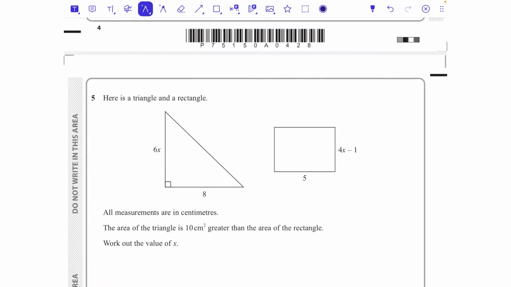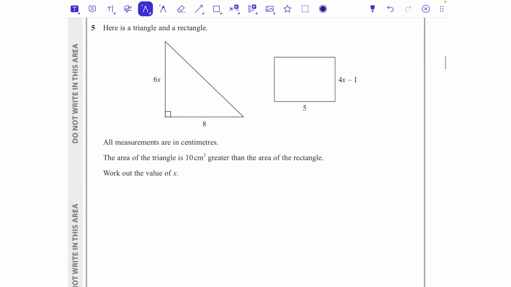Question number 5. Here is a triangle and a rectangle. All measurements are in centimetres. The area of the triangle is 10 centimetres greater than the area of the rectangle. So this, add 10, gets you that one. Work out the value of x. So for the area of the triangle, we'll do base times height divided by 2. For the area of the rectangle, base times height.